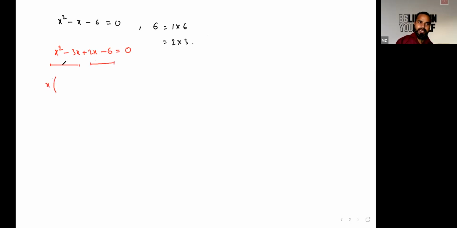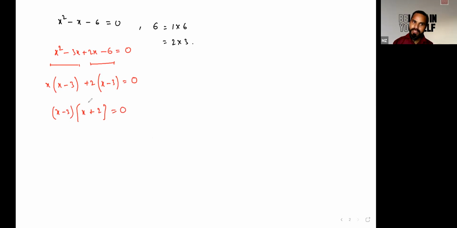If we take out x as common from these two terms, we're left with x minus 3. Similarly, if we take out 2 as common, we're left with x minus 3 equals to 0. We have x minus 3 as common from both segments. So it will be x plus 2 is equal to 0.